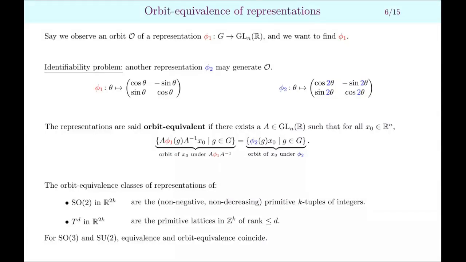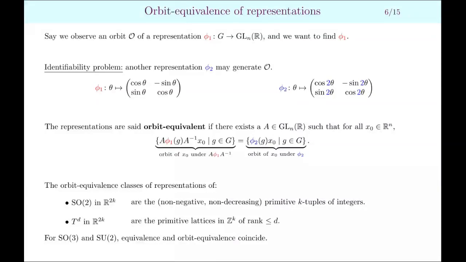So the notion we should actually consider here is not equivalence, but orbit equivalence of representations, which is simply that after a change of basis, the orbits of the two representations are equal as sets. So we have a new problem of classification of representations, now up to orbit equivalence.